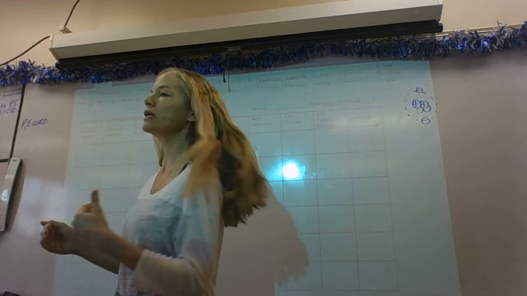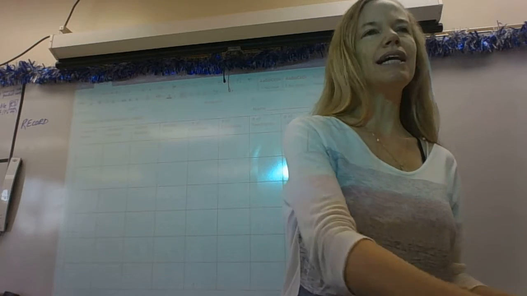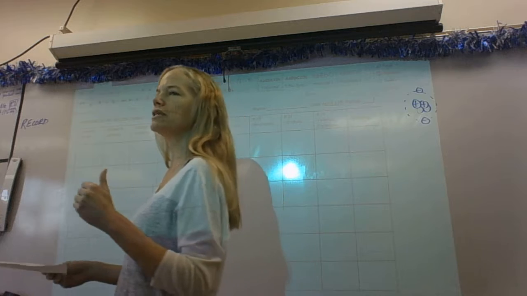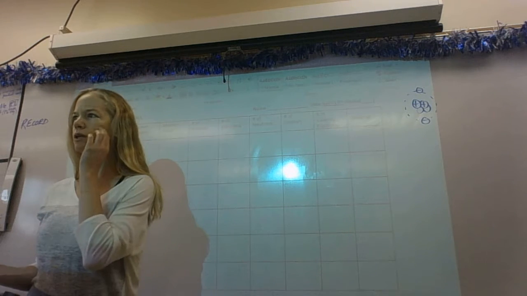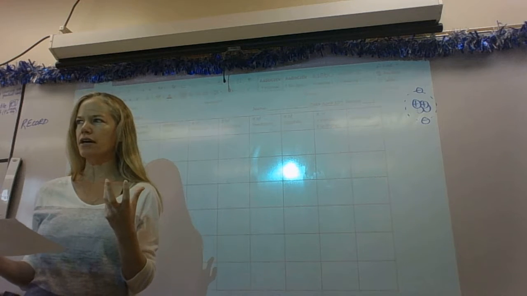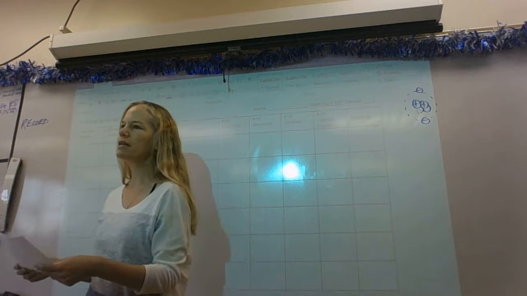Where are we going to start? We're going to start by looking at our periodic tables and looking at each specific element, and then hopefully by looking through the different elements, some patterns will emerge. So it's going to be kind of like a discovery as we look through the periodic table.